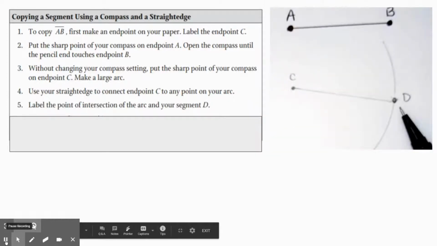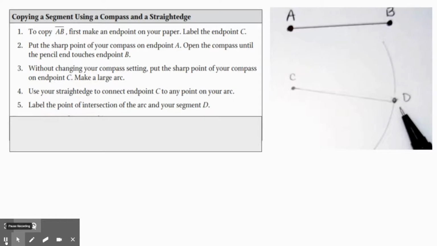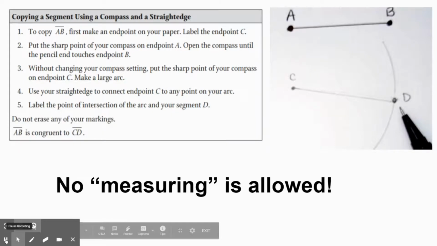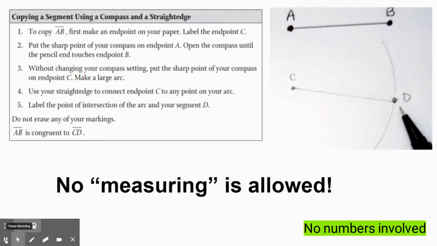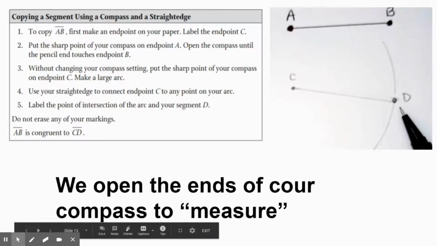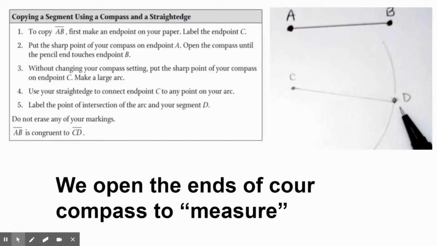Finally, label the point D. And now you have AB is congruent to line segment CD. There is no measuring using numbers allowed. We're only going to be opening our compass to measure and then hold that distance consistent between different objects.